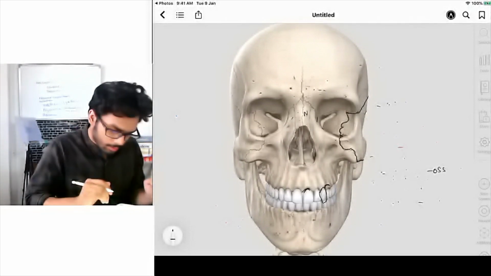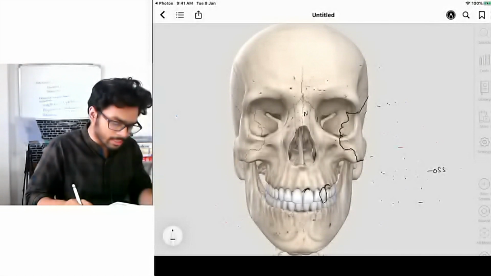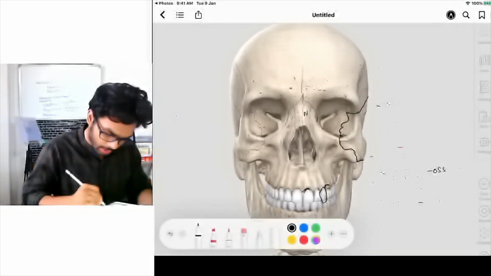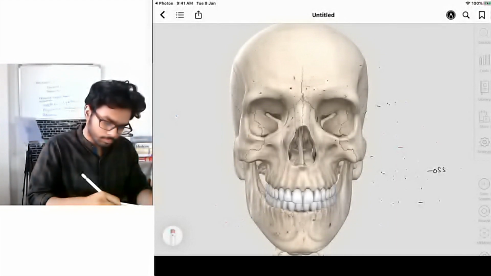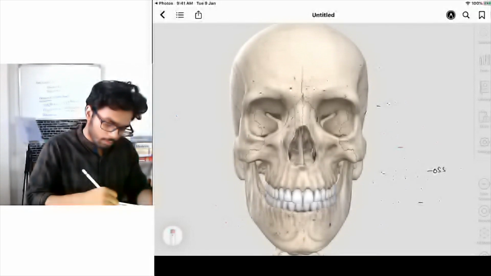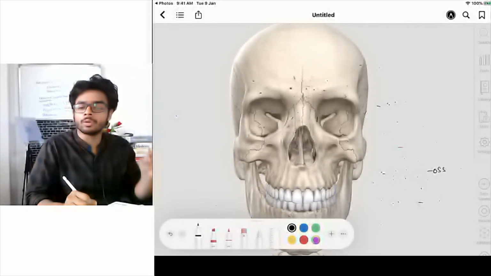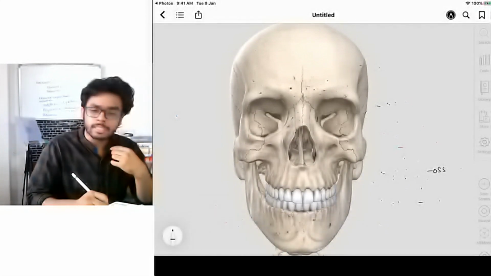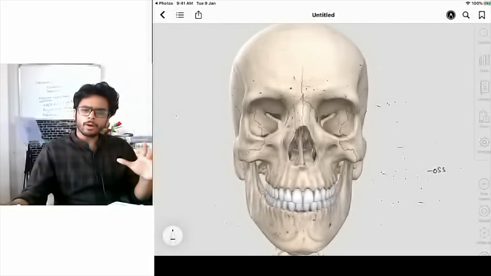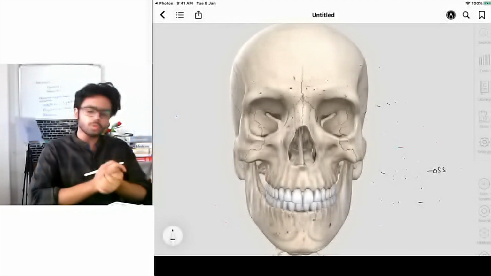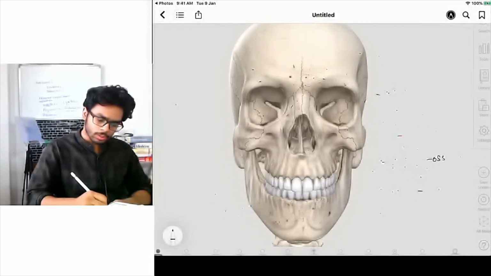In this diagram we are not able to locate that structure, but the foramen about which we will study in detail is present on this bone, and that is known as zygomaticofacial foramen.